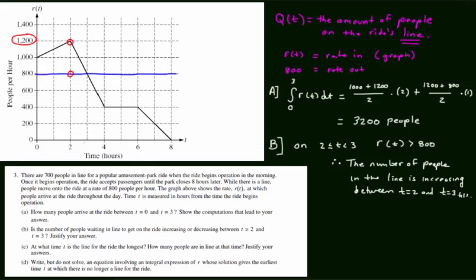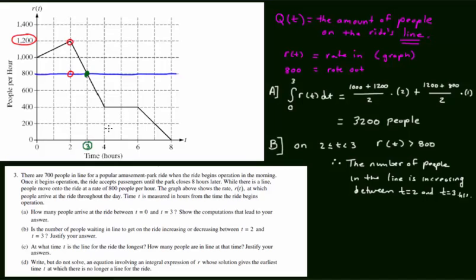Part C. At what time t is the line for the ride the longest, and then how many people are in line at that time? Well, I can see something very special happens here at time 3. That's when the rate into the line is equal to the rate out of the line, so you could say the line is not changing at all.